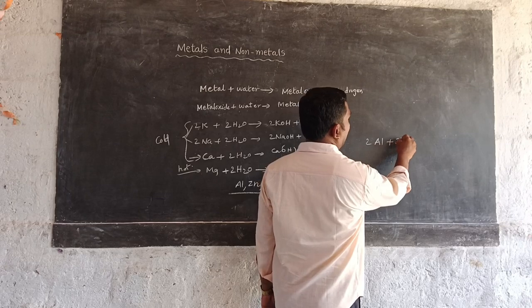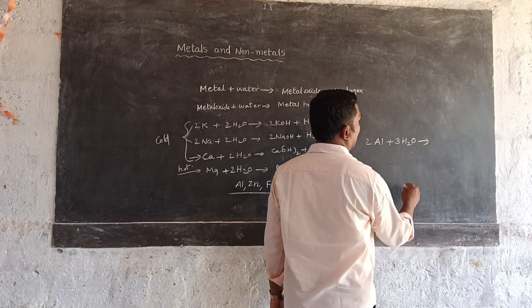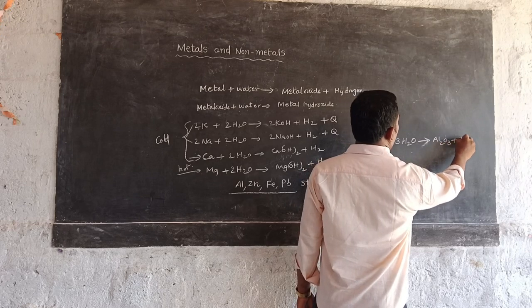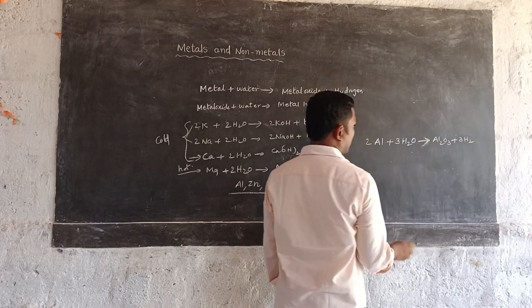Aluminum reacts with steam: Al2O3 plus 3H2 is produced.